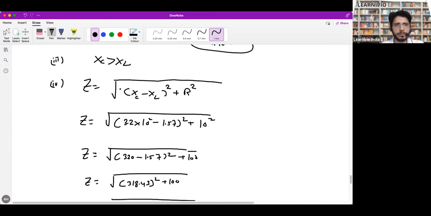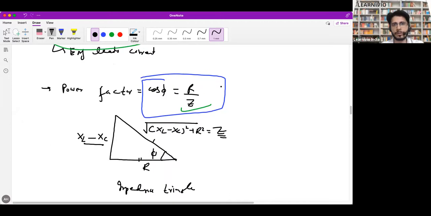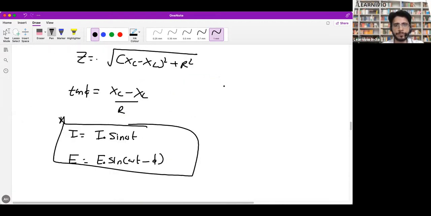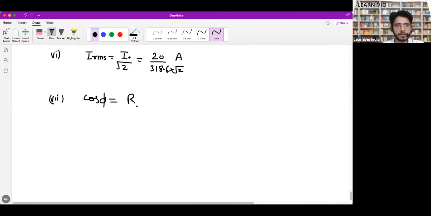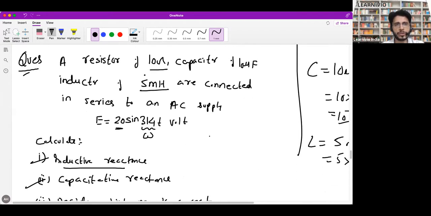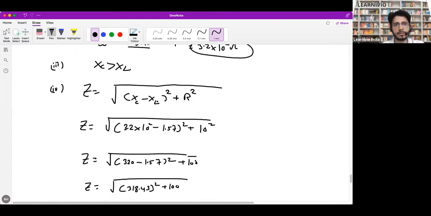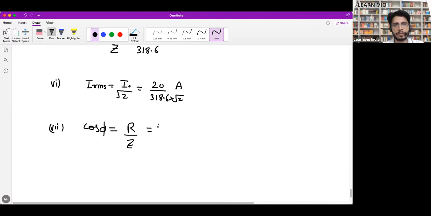Just look here. In the LCR circuit, we have derived this. Power factor is R by Z. From the calculations, R is given in the question, it's 10 ohm, and Z is 318.6. So R is 10 divided by Z, which is 318.6. That's cos phi.